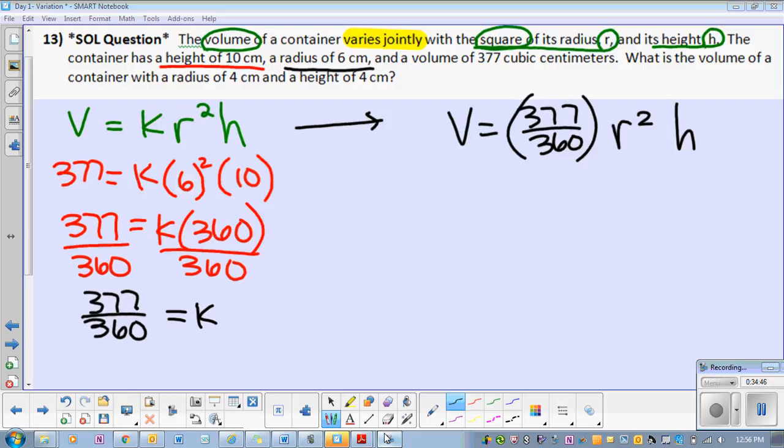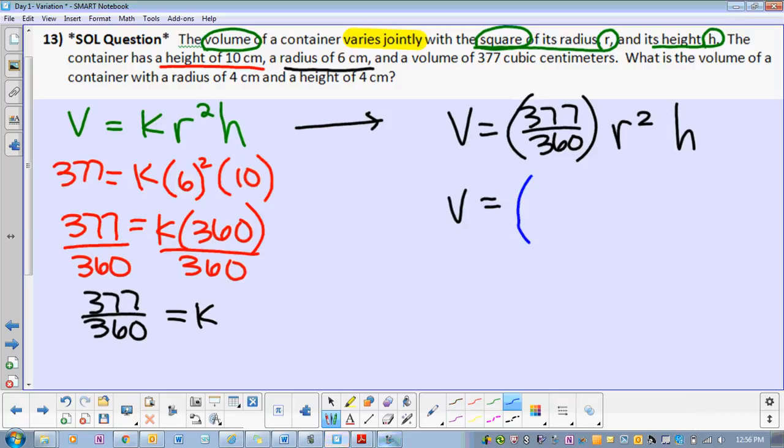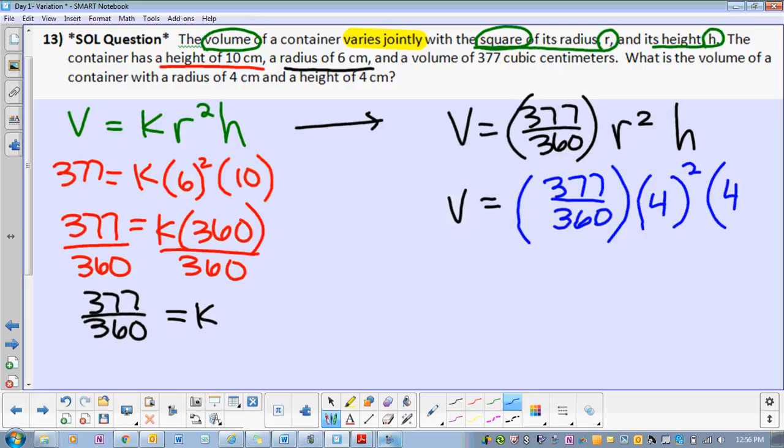All right. So, what is the volume of a container, 377 over 360, with a radius of 4? If this is my equation, I just plug in the 4 for my r, but that has a square, and a height of 4.